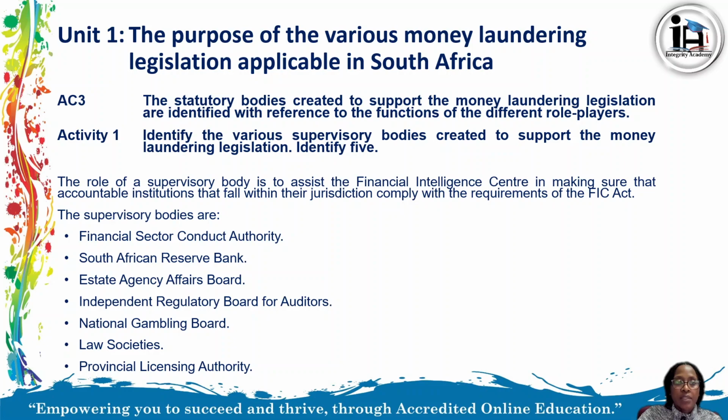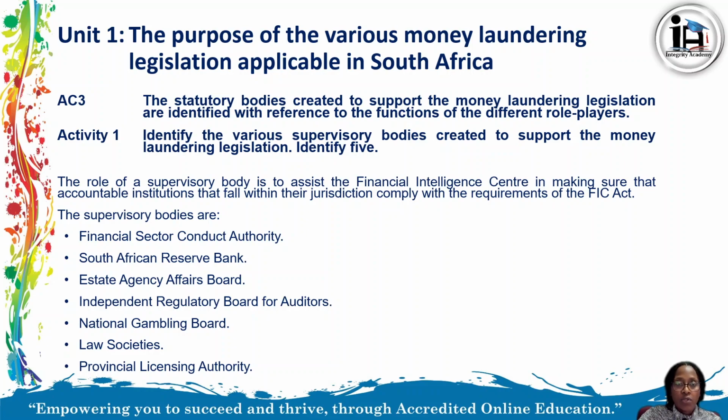Let's look at assessment criteria 3. The statutory bodies created to support the money laundering legislation are identified with reference to the functions of the different role players. So let's look at activity 1. It says identify the various supervisory bodies created to support the money laundering legislation. Identify 5.